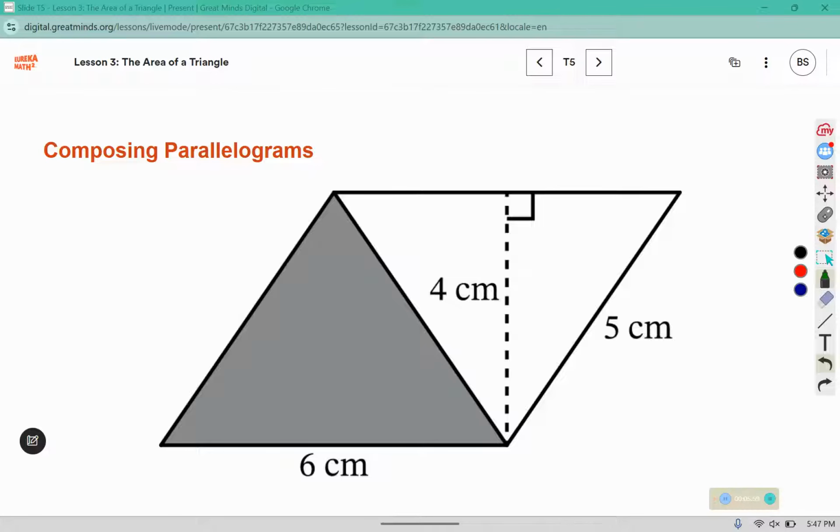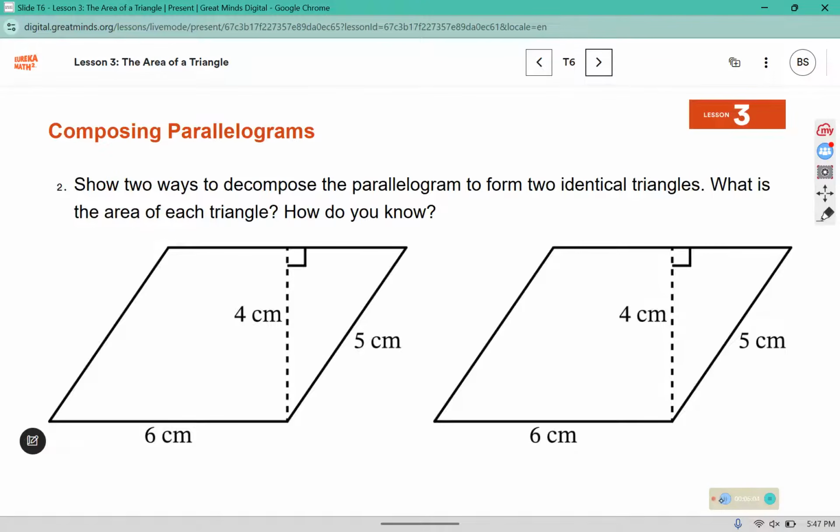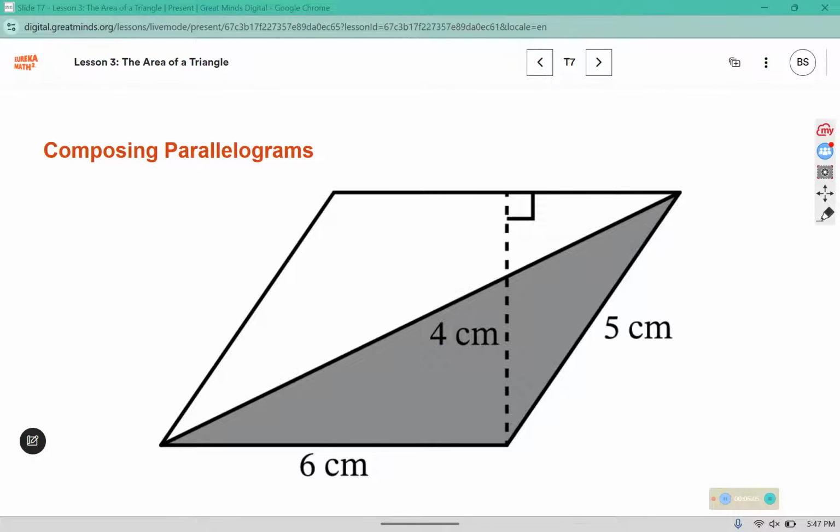What about a different way that we could cut this parallelogram? Here is another way. This time we formed an obtuse triangle. But if we cut it along this diagonal, we are also cutting the parallelogram in half. You can see if we reposition this piece, it's the exact same size as the piece above it.